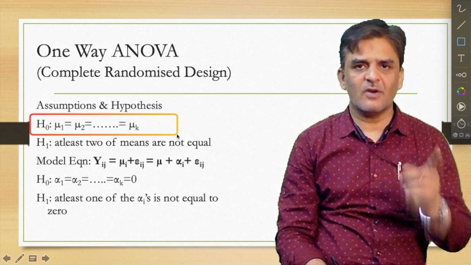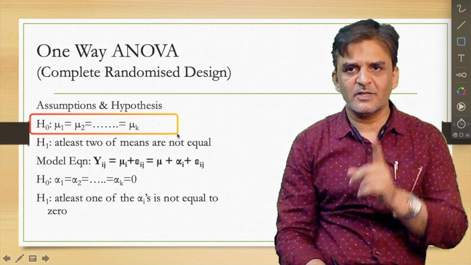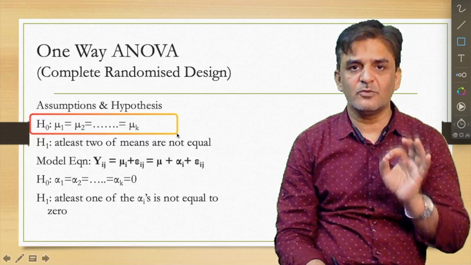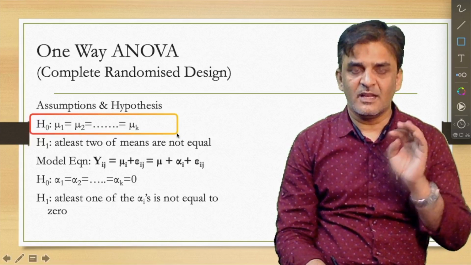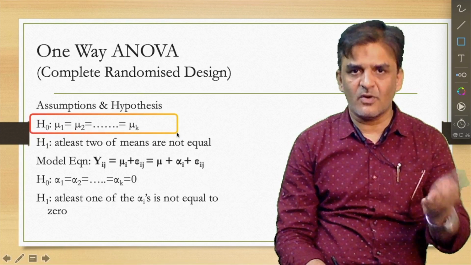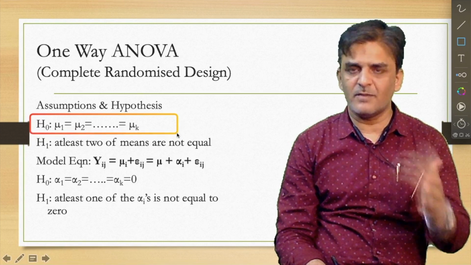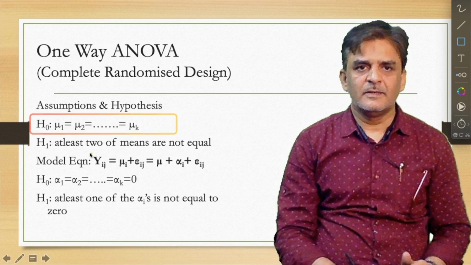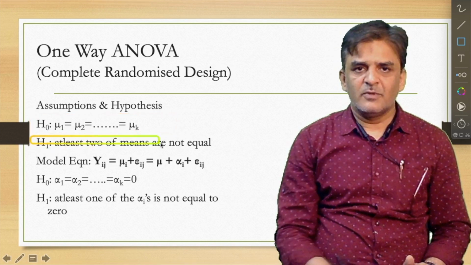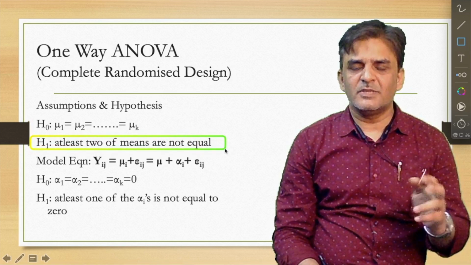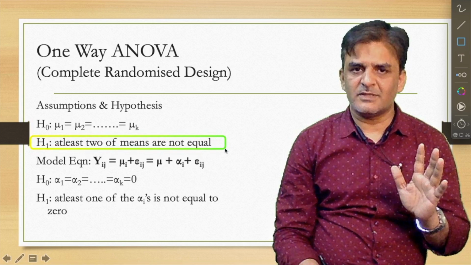All means means all means of the tensile strength of each machine are the same. This is what we assume as null hypothesis. Now our target using ANOVA is either to reject it or not reject it. If we are not able to reject it, it means the machines are not different. Or the alternate hypothesis is that at least two of the machines are not producing the same result.